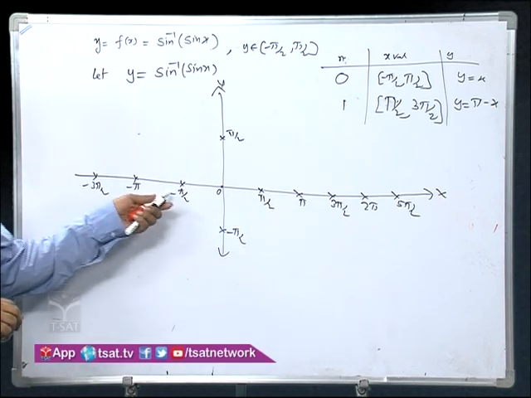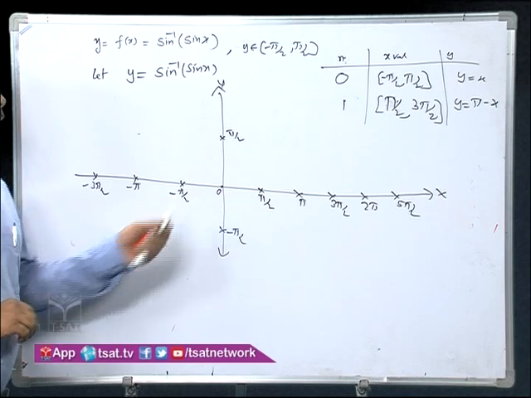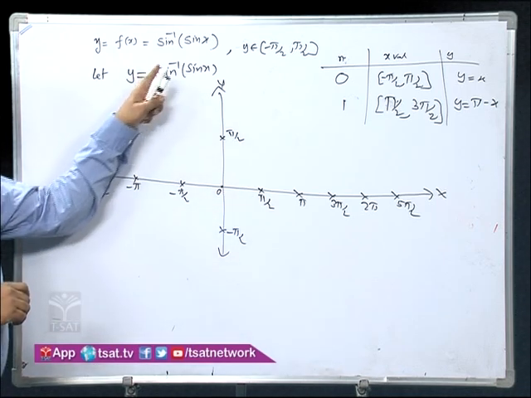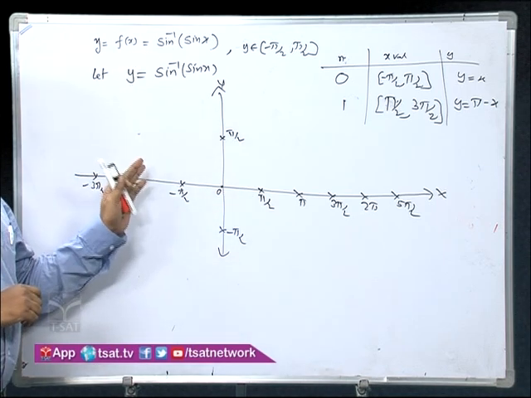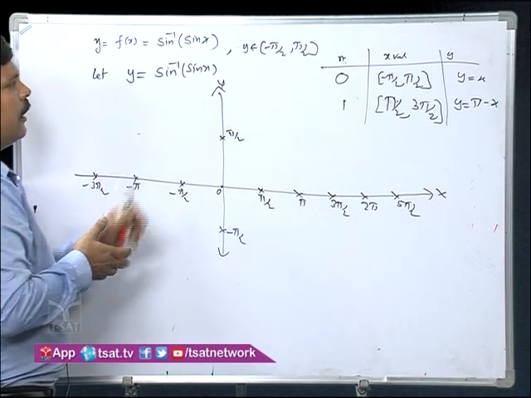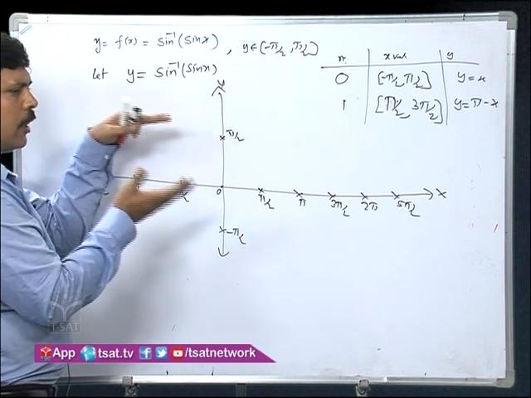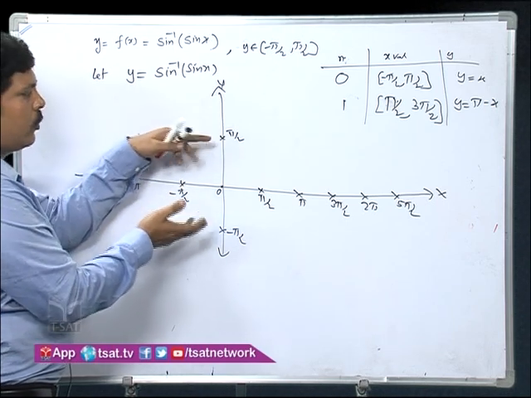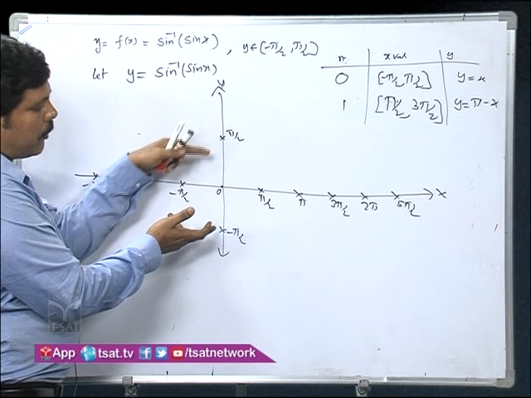In this interval the domain is R, which means the graph spreads over the entire x axis. The range is -pi/2 to pi/2, which means the entire graph lies between two horizontal limits, -pi/2 and +pi/2.